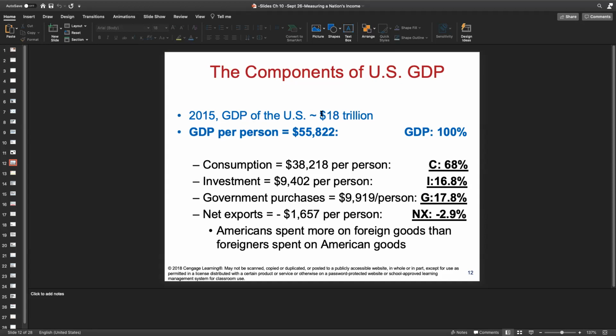We divide the $18 trillion by the population of the United States, about 320 million people in 2015, and we come up with $55,822 per person. So GDP per person, or GDP per capita, gives us a clearer size of the GDP per person.